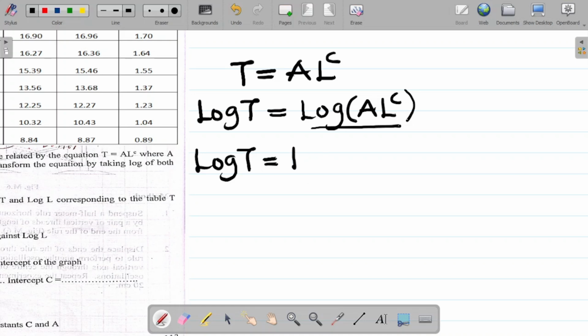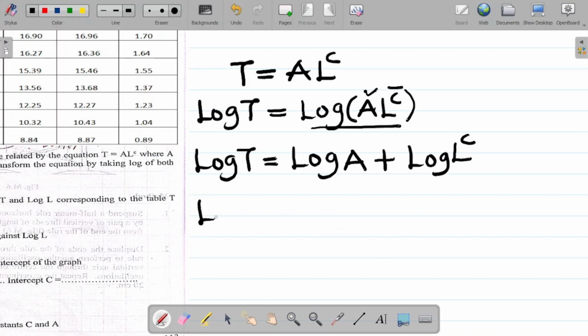It becomes log of the first term, which is A, so log A, plus log of the second term, which is L to power C. So I'll have this. Okay, so what next?